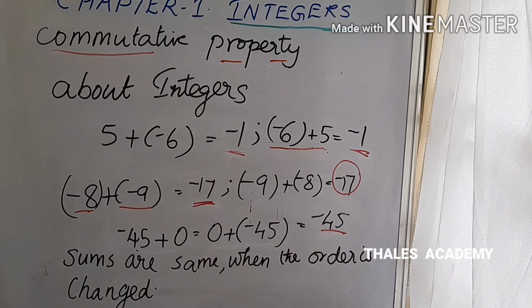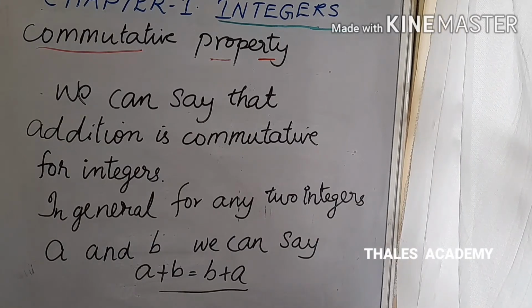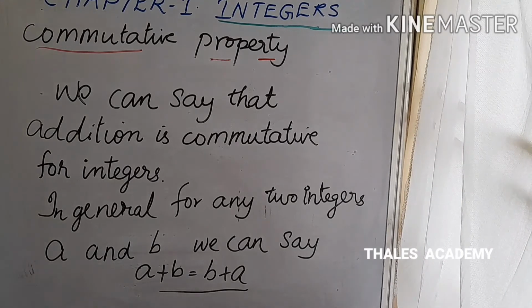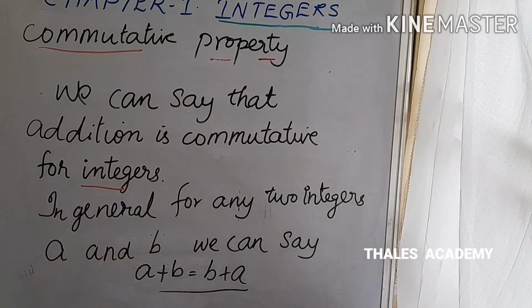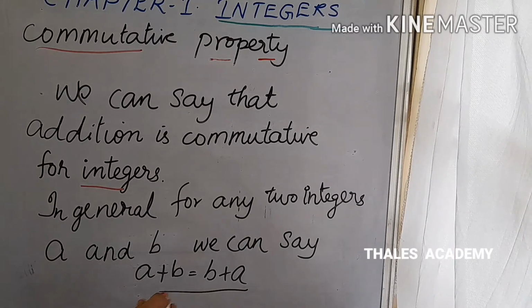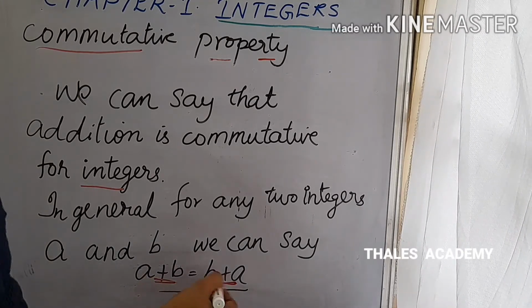Here the sums are the same even if we change the order. Thus we can say that addition is commutative for integers also. In general, for any two integers a and b, we can say a plus b equal to b plus a.